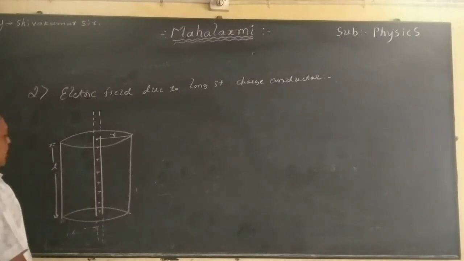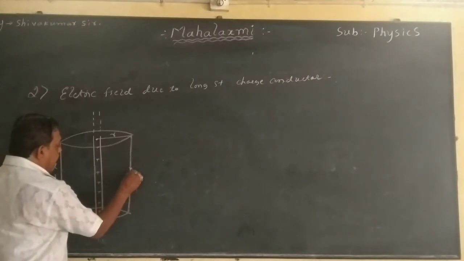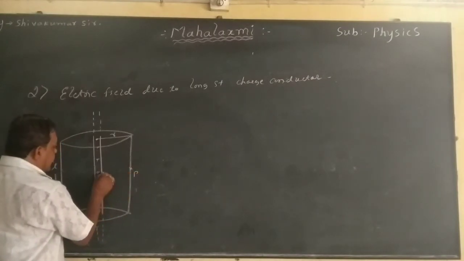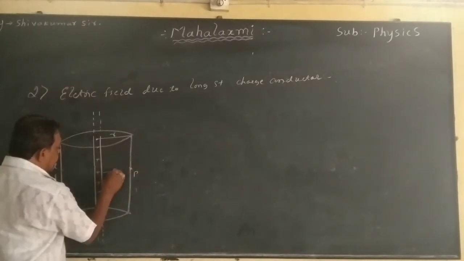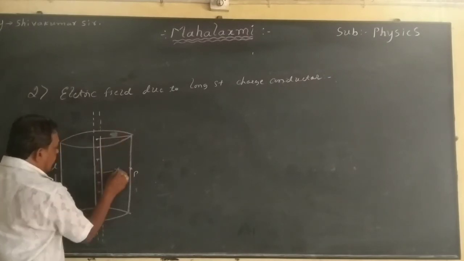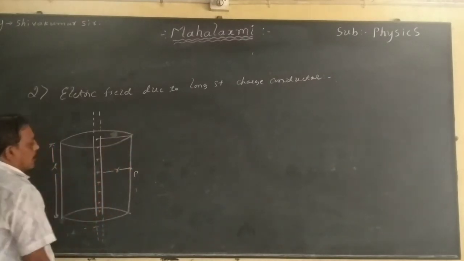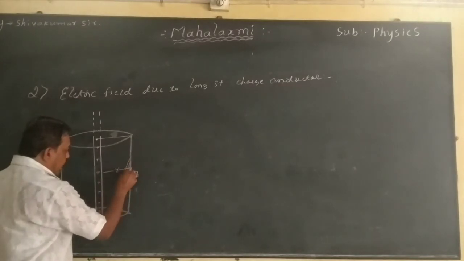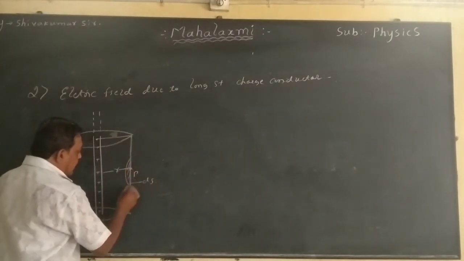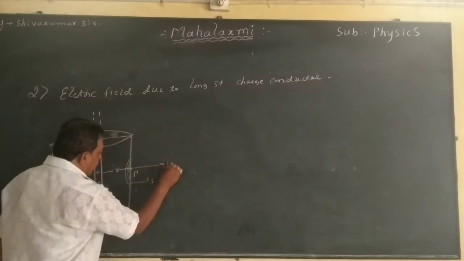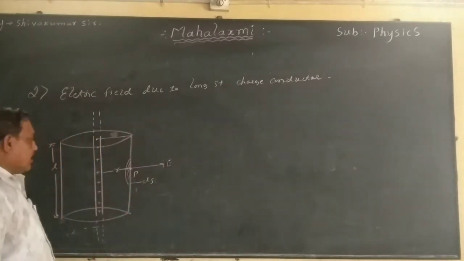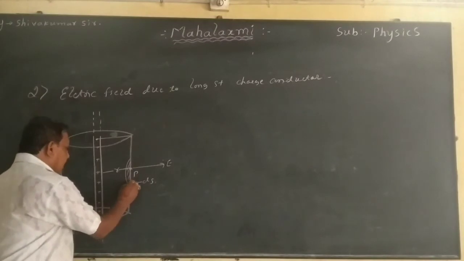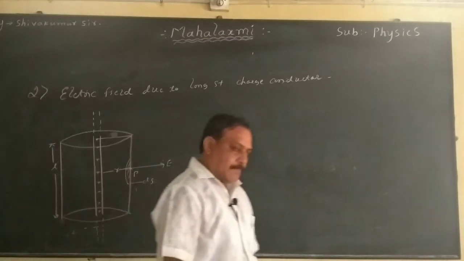Now this is a point P at a distance R, where the electric intensity is calculated. I take the small surface area around the point P, ds, and this is the direction of the electric field. Are you getting the point? Now this is our figure.